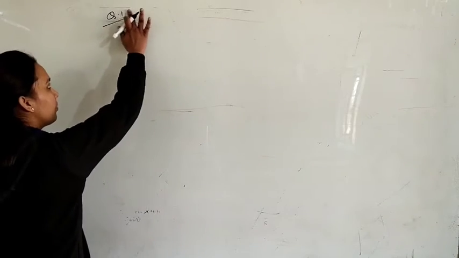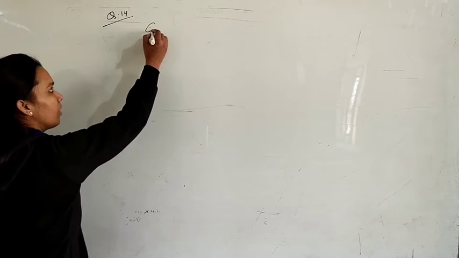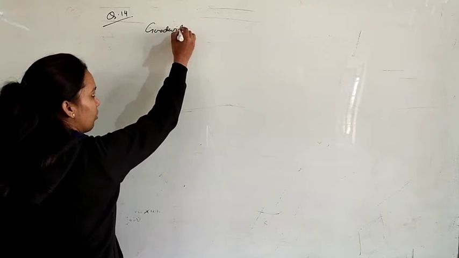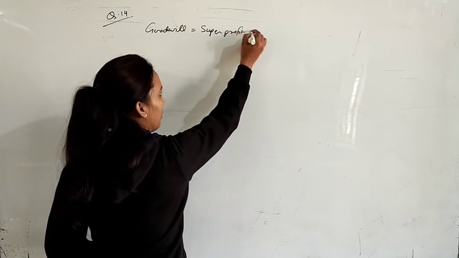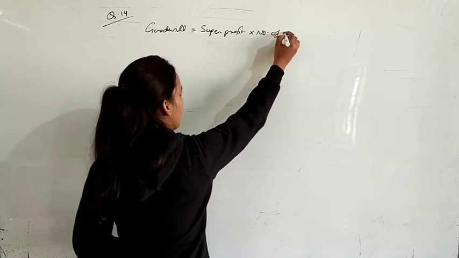So first of all, we will find the goodwill of the firm. Later on, we will discuss any partner's goodwill. So let's start the topic. Write down goodwill equals super profit multiplied by number of years purchase.